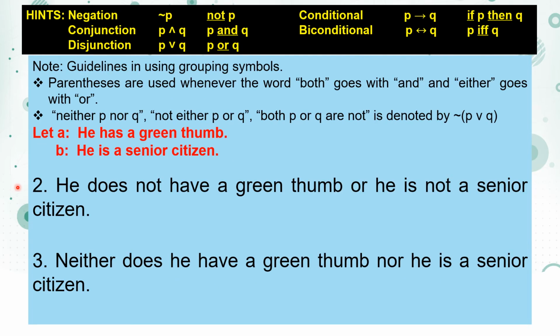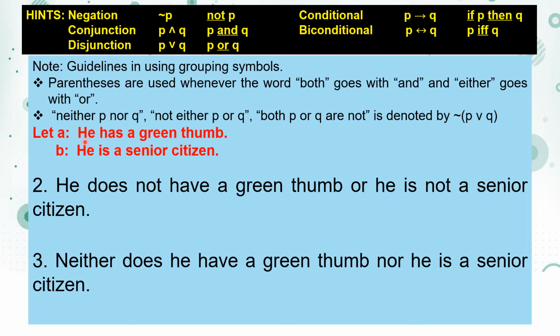Now, let's have number 2. He does not have a green thumb or he is not a senior citizen. So, we have here, he does not have a green thumb. You will notice that "he does not have a green thumb" is the opposite or negation of "he has a green thumb."